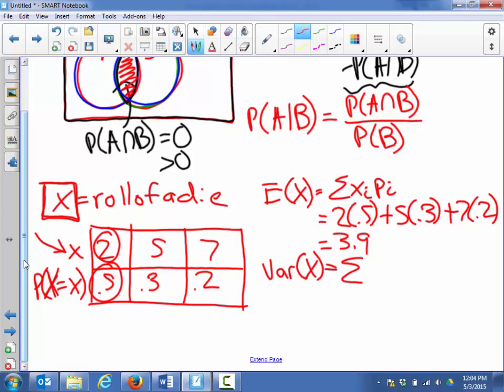Variance of x is calculated as the sum of (x sub i minus mu sub x) squared times the probability sub i. Okay?